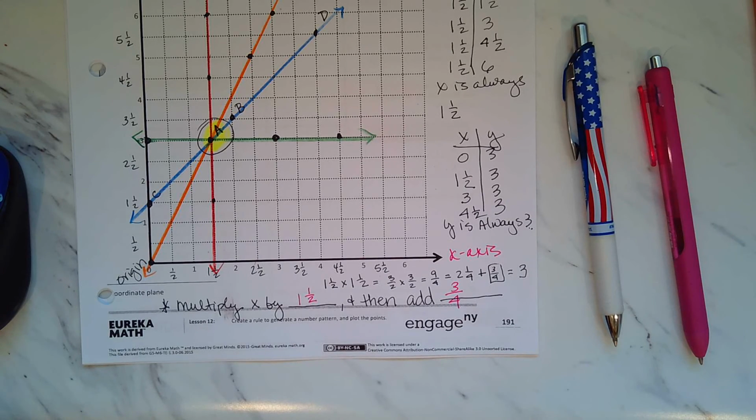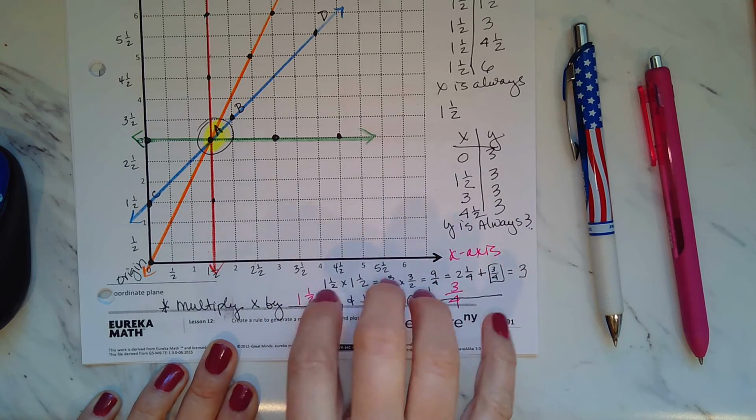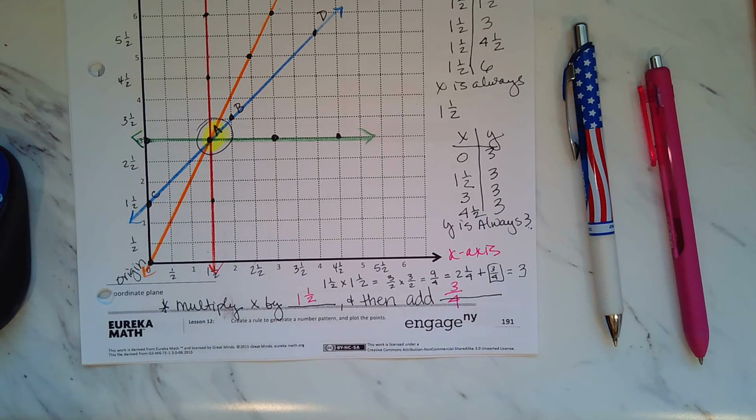All right, so I want you to name 2 more coordinate pairs that would fit on this line, that would fit with this rule. Go ahead and try to give me 2 more coordinate points. Now remember, I just throw numbers out there.